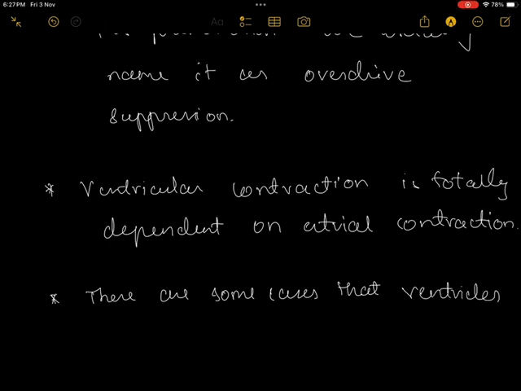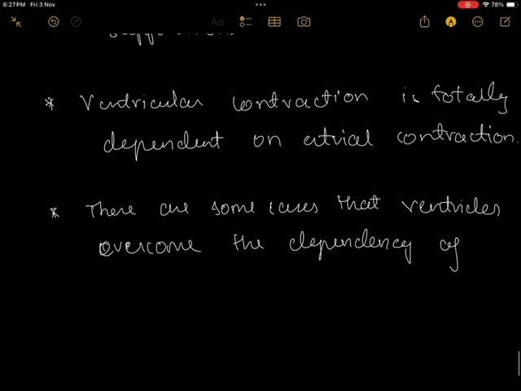There are some cases that ventricles overcome the dependency of atrial contraction. Do you know why? What is the reason behind ventricles overcoming the dependency of atrial contraction?